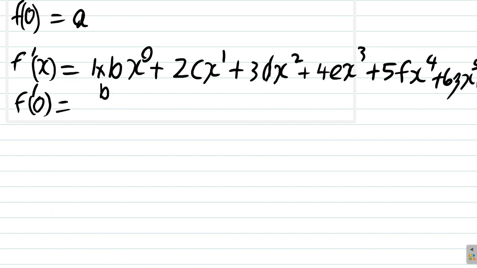So what we have here is b. Then 2 times c times 0 is 0. This would be 3 times d times 0 squared, 0. All of these going to the right would be 0. So f prime of 0 is b.